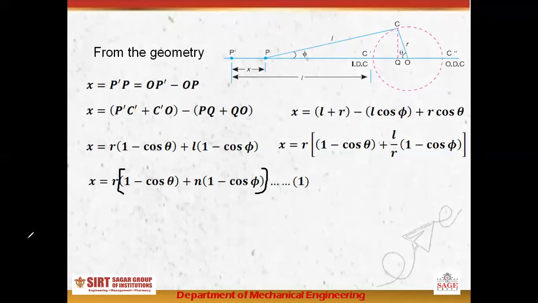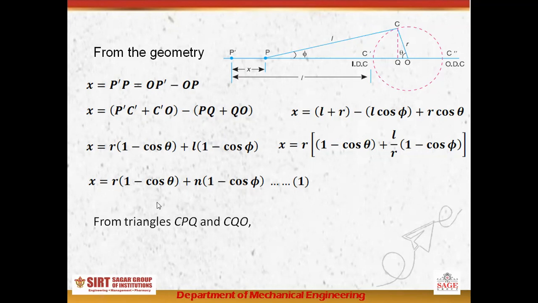Now we have to calculate the value of 1 minus cos phi. From the triangles CPQ and CQO, CQ is equal to L sin phi, which is equal to R sin theta.